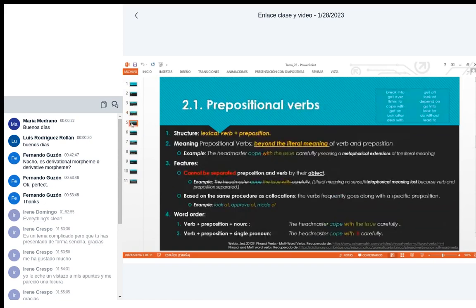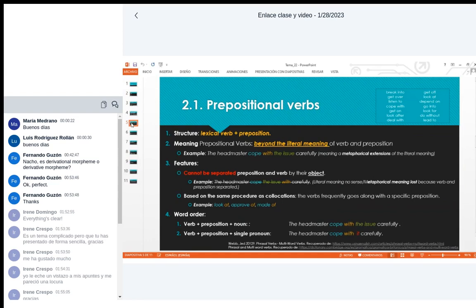Now, what about the prepositional verbs? When we talk about prepositional verbs, they have a very specific structure, which is a lexical verb followed by a preposition. And these prepositional verbs are used with a preposition because they go beyond the literal meaning. They actually mean what the lexical verb means, but they require this preposition.